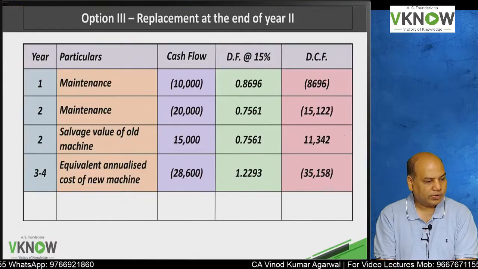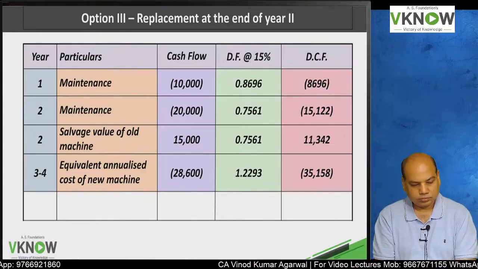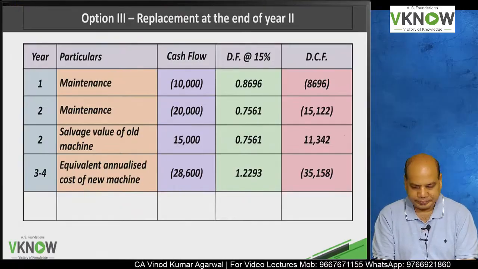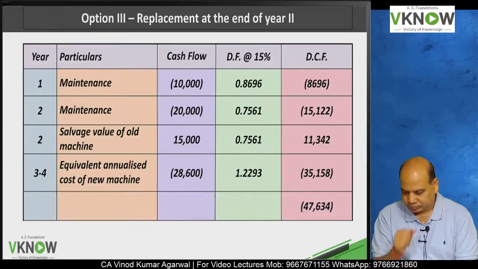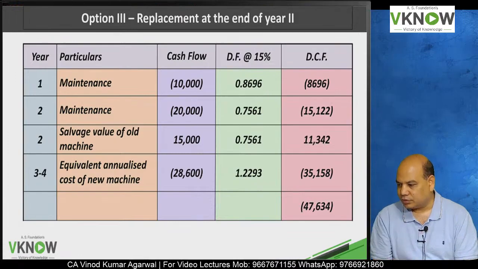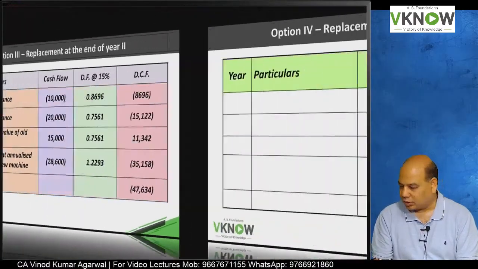Please give me the total of the last column quickly. 47634 approximately.